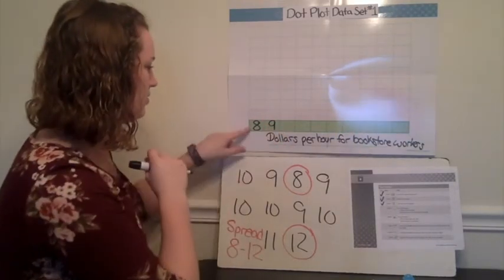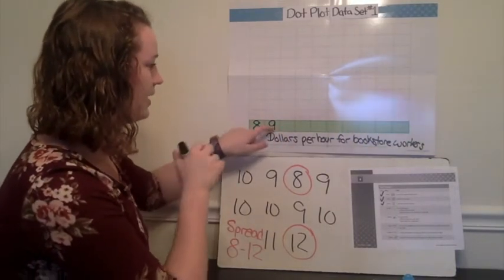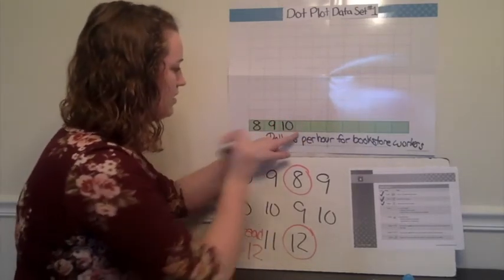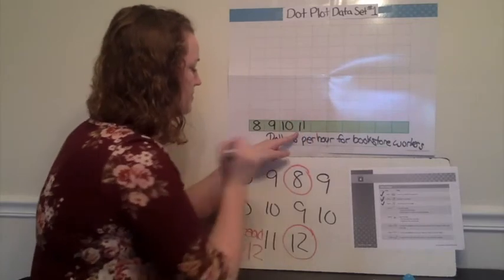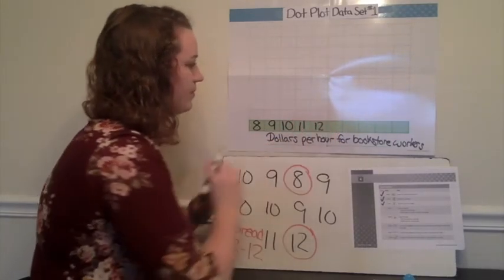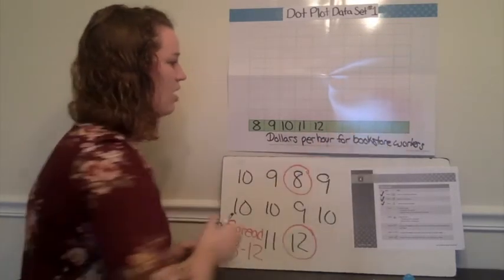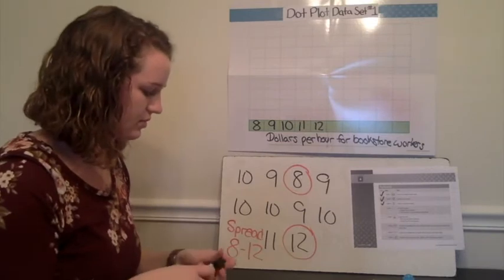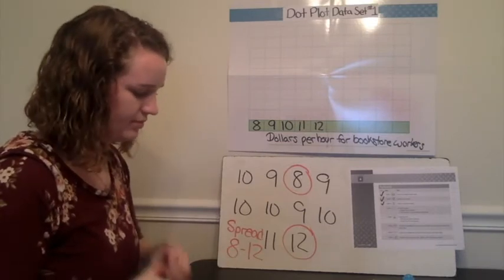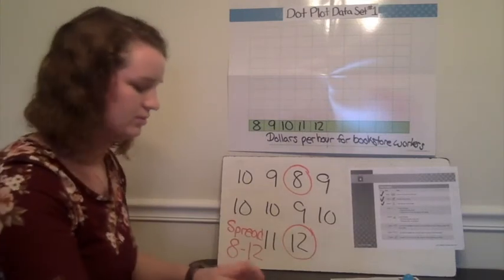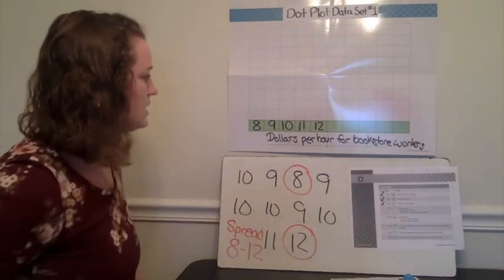We're going to go right in order. 8, 9, 10, 11, and 12. We're not going to use the rest of those boxes because our spread only goes from 8 to 12. Okay? So go ahead and write that down. 8, 9, 10, 11, 12.